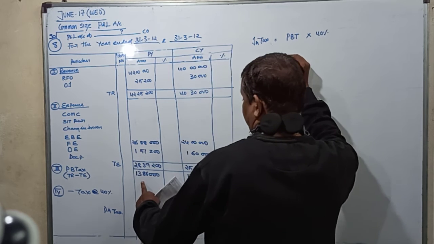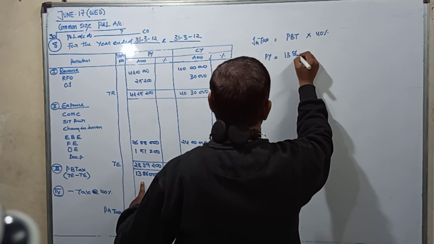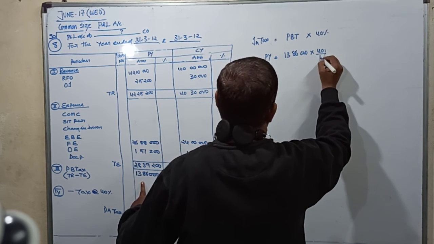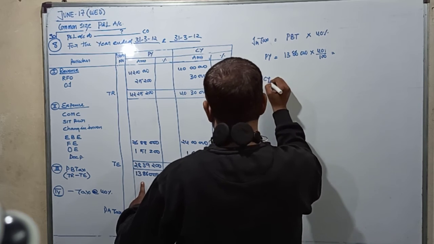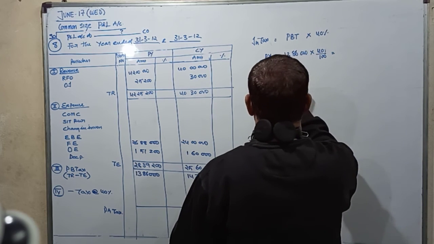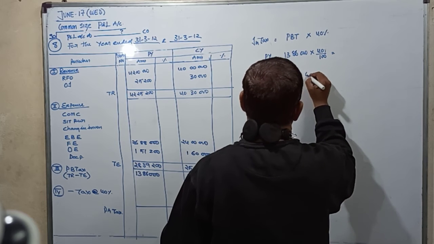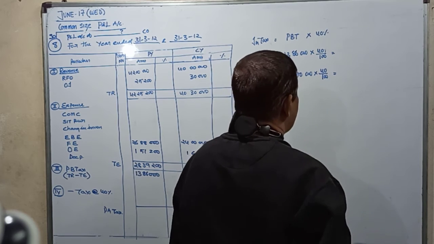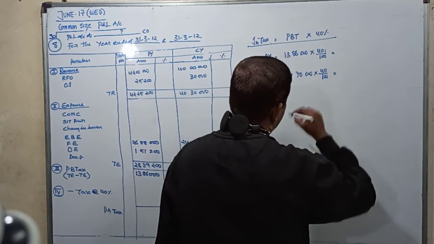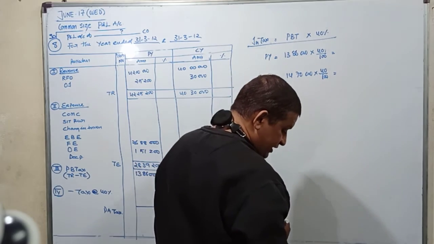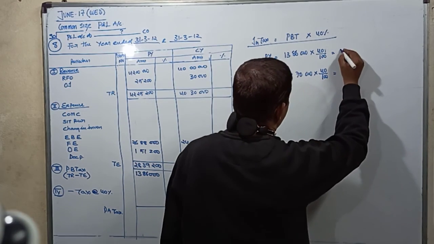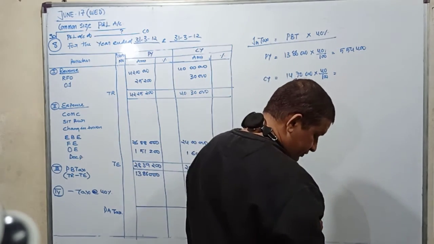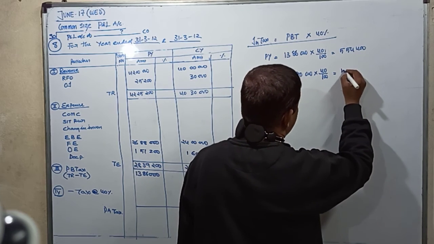The profit before tax is 13,86,000 into 40 by 100. For the current year, the profit before tax is 14,70,000 into 40 by 100. So you have to calculate accordingly like this. For the previous year, it is 5,54,400, and for the current year, it is 5,88,000.